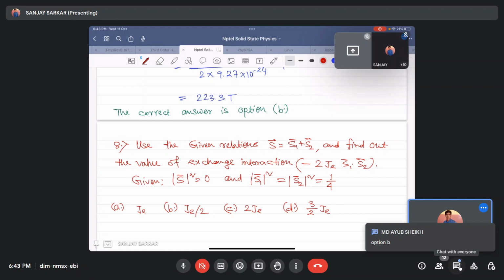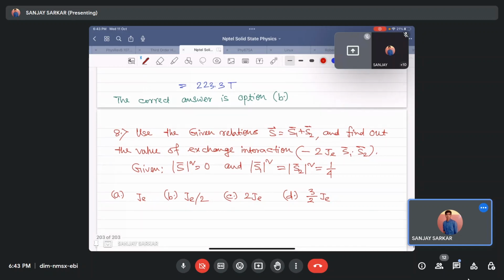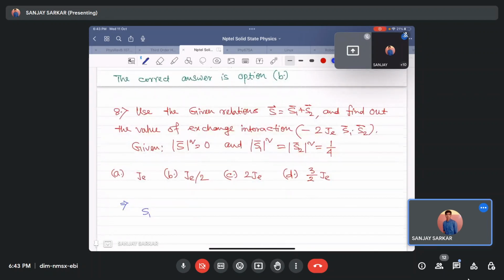Someone has calculated already and is saying option B. Yes, for this question option B is correct, because first you just need to calculate what is S1 dot S2. How do you calculate S1 dot S2? S is given as S1 plus S2.